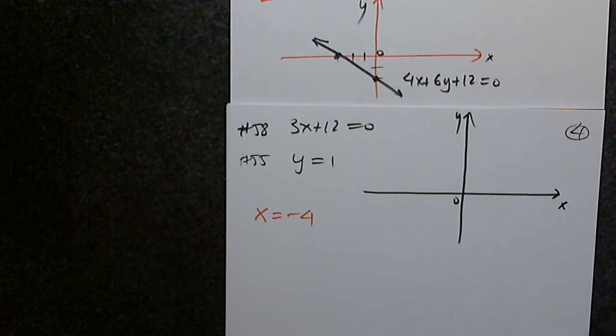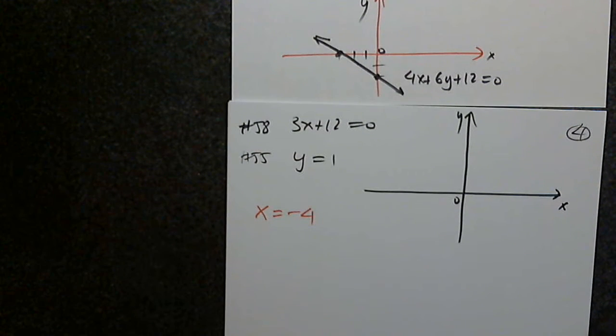How do I graph x equals negative 4? That's not a point. We do not have negative 4 comma 0, because then I would have plotted 1 point. I have x equals negative 4. Y can be anything. What does that mean?